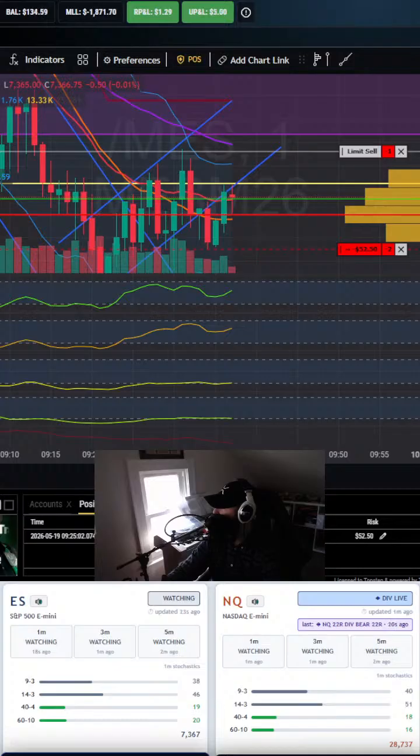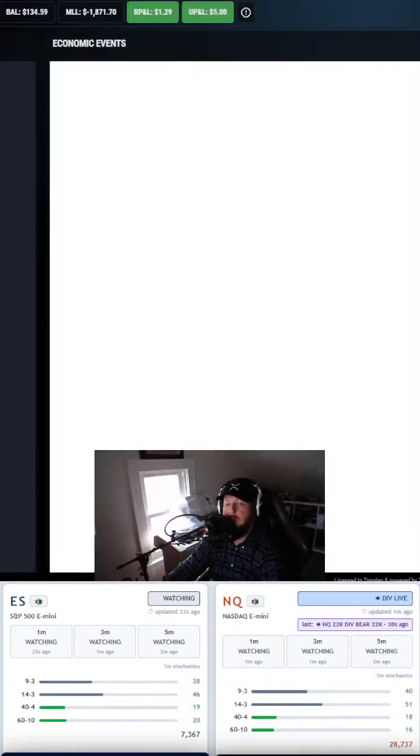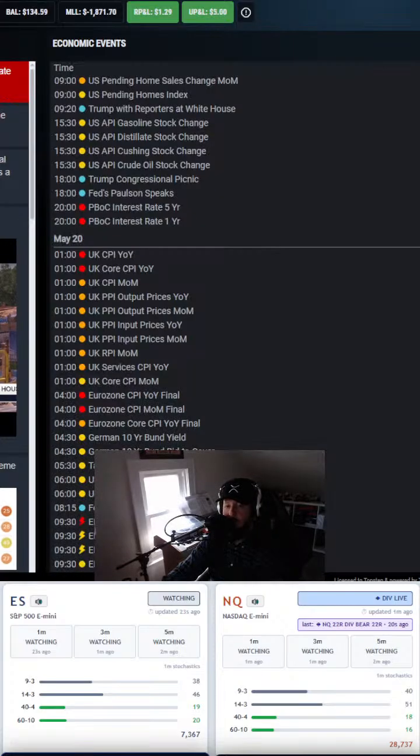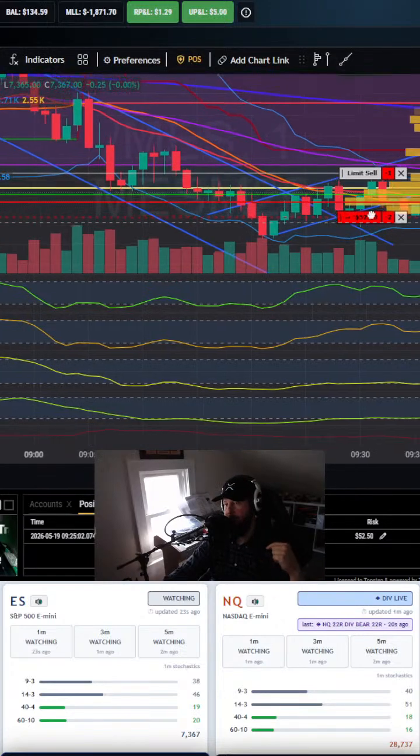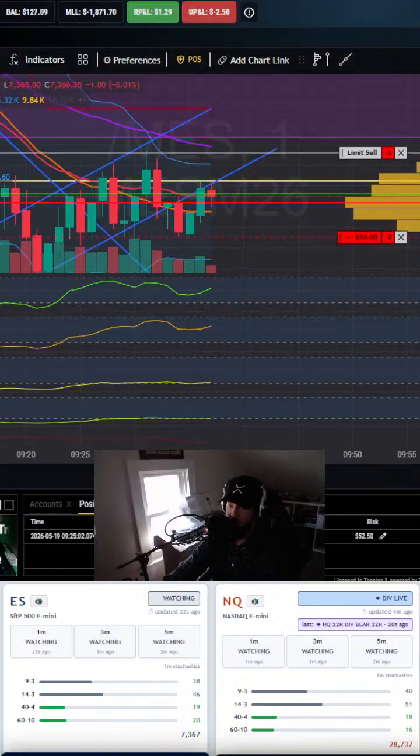Looking for extra news. No. Extra news here: swaps imply over an 80% chance of a Fed rate hike. Oh, by 80%, a rate hike would not be good for the economy.